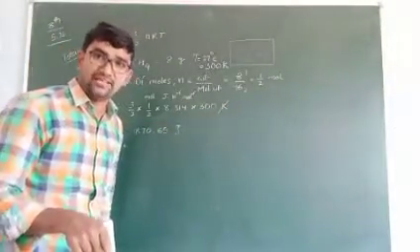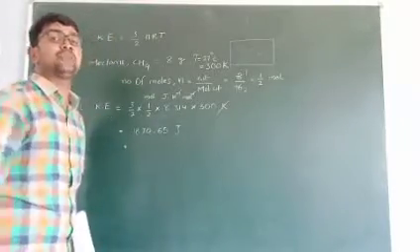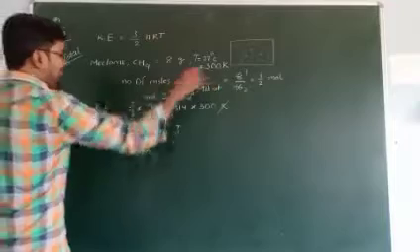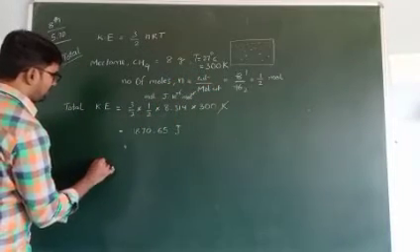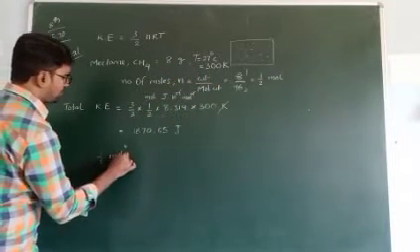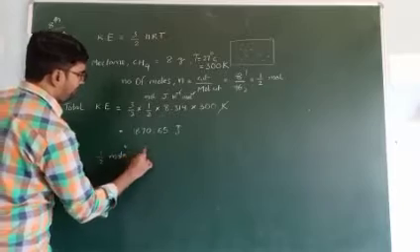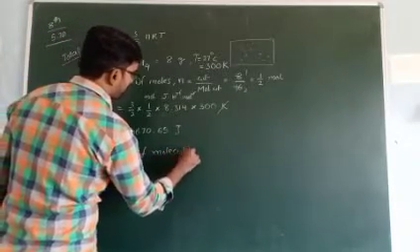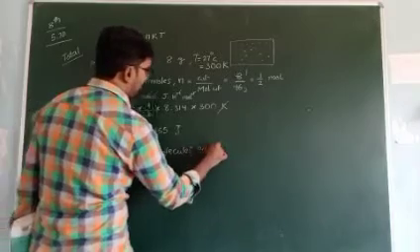But this is the total kinetic energy of the molecules. First we have to find how many molecules are present here. Actually 1 by 2 moles of molecules are present.